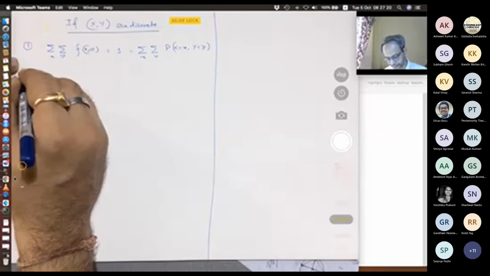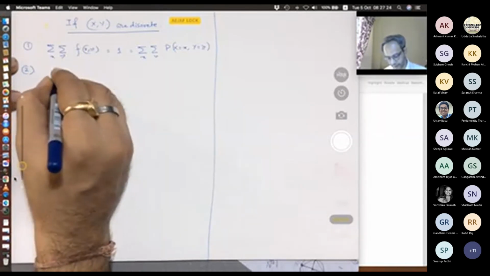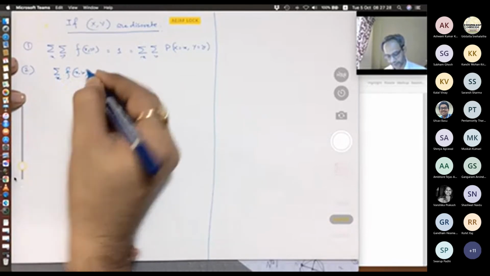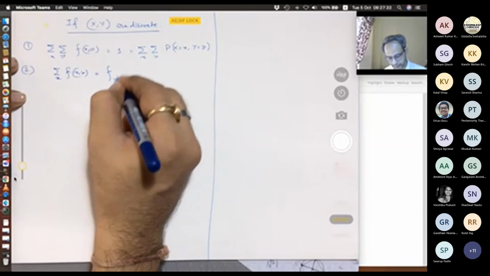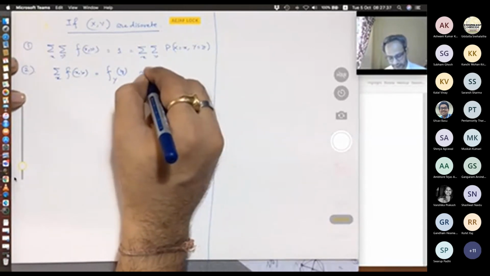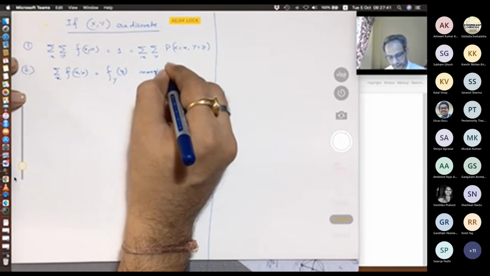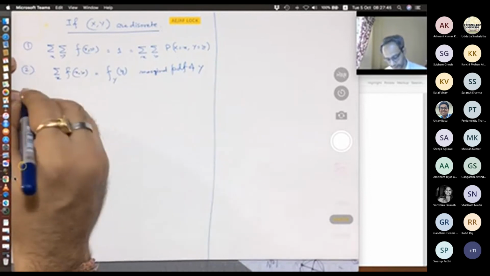And second thing, the sum over x of f_xy equals f_y of small y, the marginal PDF of y.